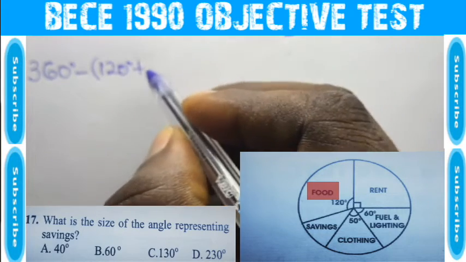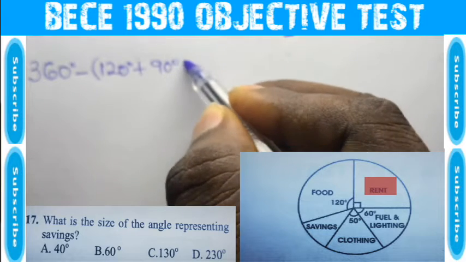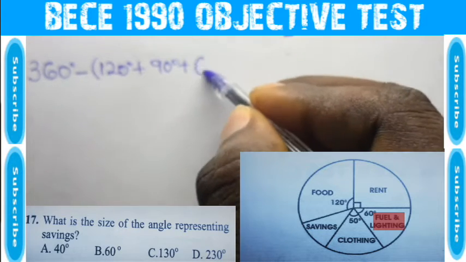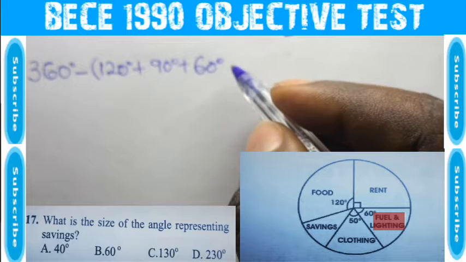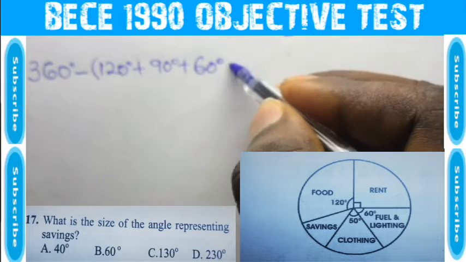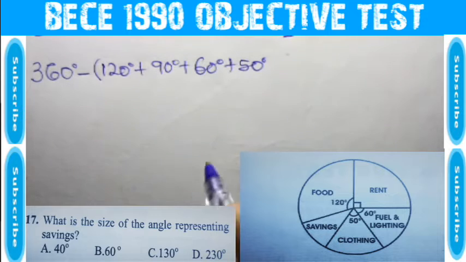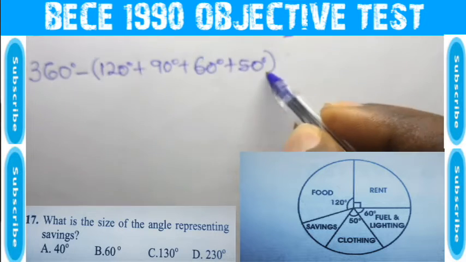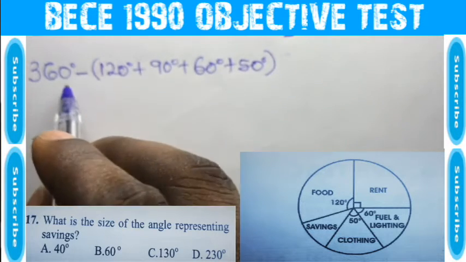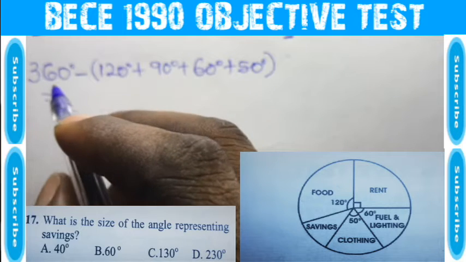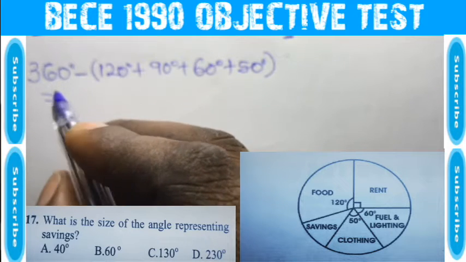We add it to that of rent, which is 90 degrees. Fuel is 60 degrees, and clothing is 50 degrees. All these added together and subtracted from 360 will give you the size of the angle representing savings.